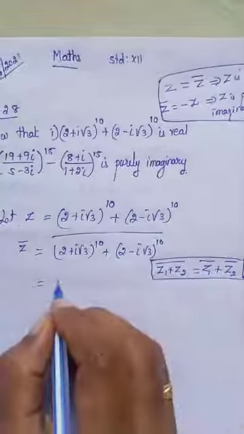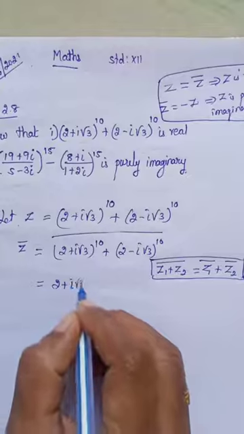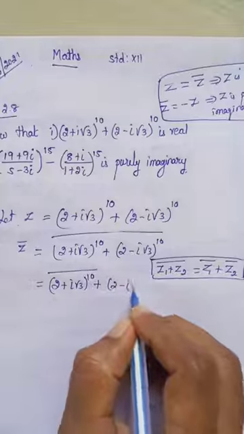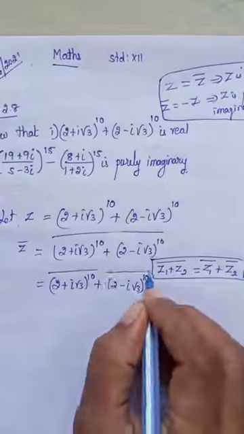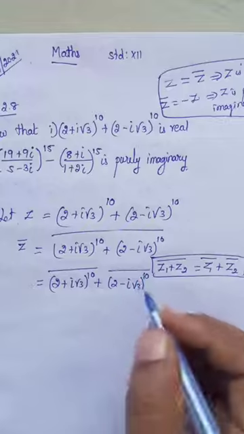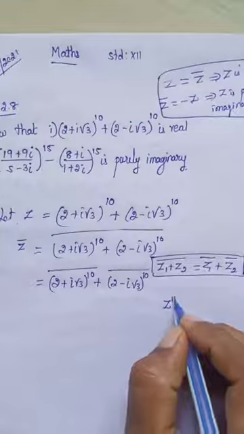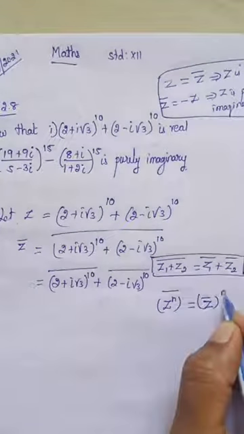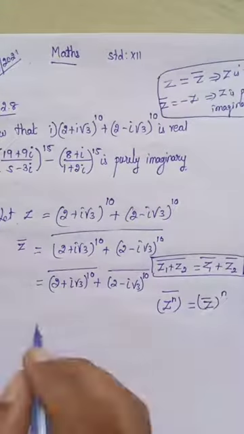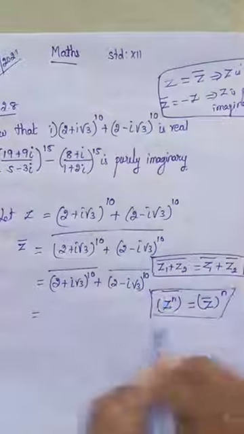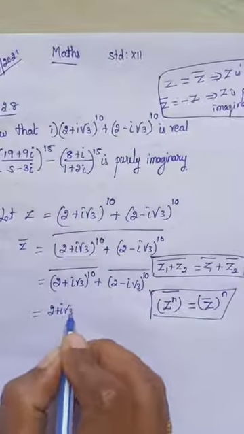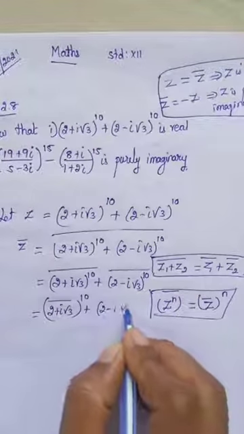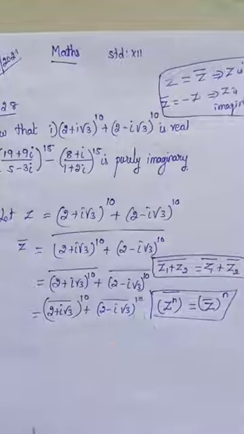Also, Z power n the whole bar can be written as Z bar the whole power n. Using that, we get (2 plus i root 3) bar the whole power 10 plus (2 minus i root 3) bar the whole power 10.